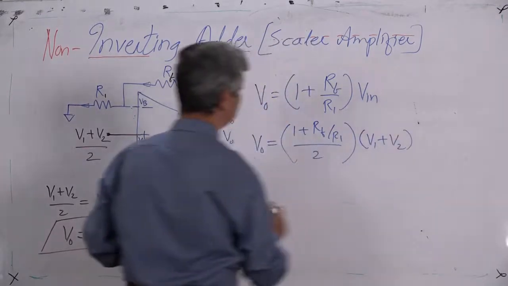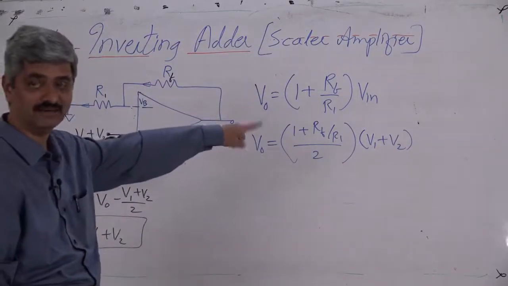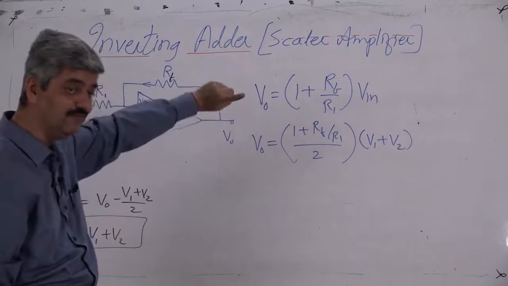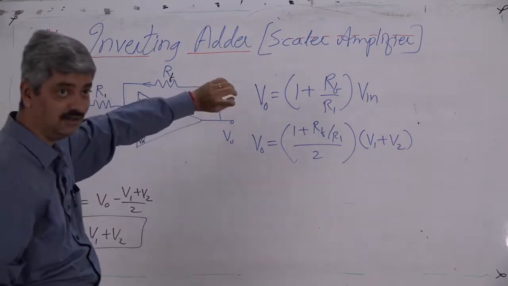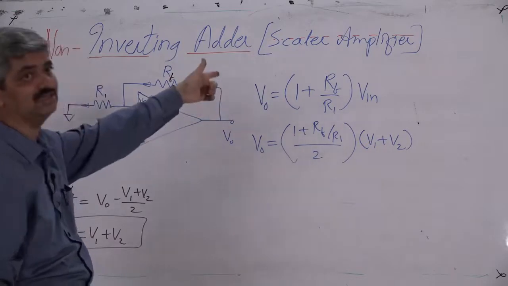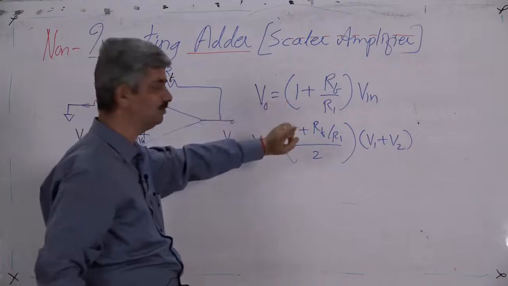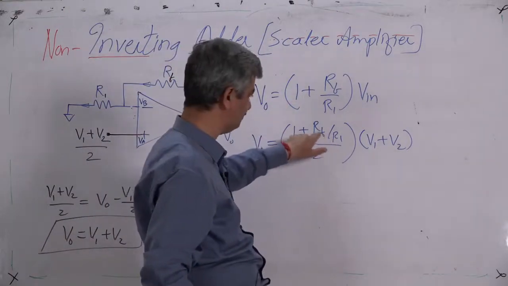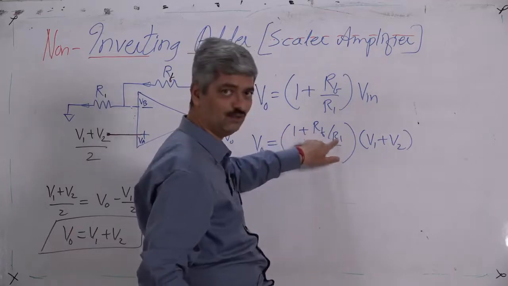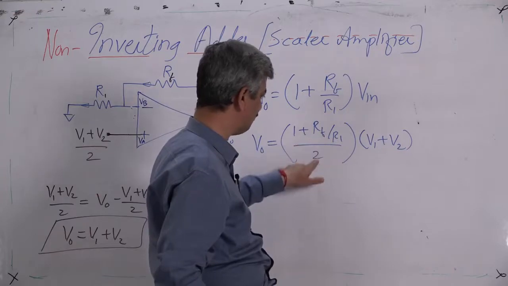So, this becomes a summing amplifier. In the previous circuit also, if RF was not equal to R, it becomes not an adder but a summing amplifier in inverting mode. Here it is a summing amplifier in non-inverting mode. Suppose you take RF as 5 kilo ohms and R1 as 1 kilo ohm, RF by R1 is 5, 1 plus 5 is 6 upon 2, that is 3.